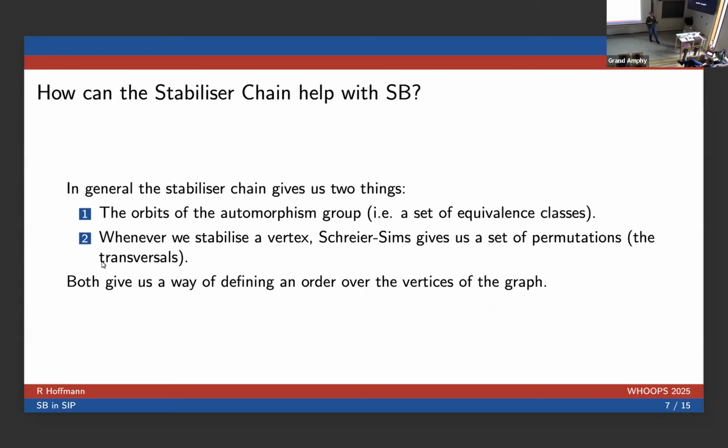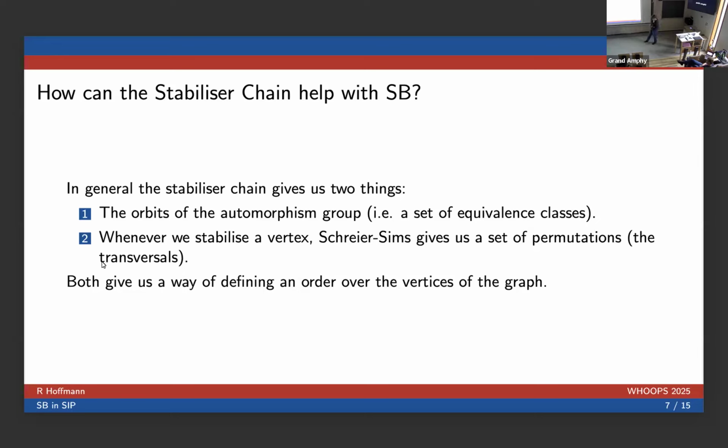So now, how does it help? And what are the two things that we're wanting to use for our symmetry breaking? Actually, two different things that we're looking for, but we're using both of them in different places. First of all is the orbits, which Marcus mentioned yesterday as well, is essentially looking at all the equivalence classes as to where things map to, and are sort of nice bubbles of things that are equivalent to each other.